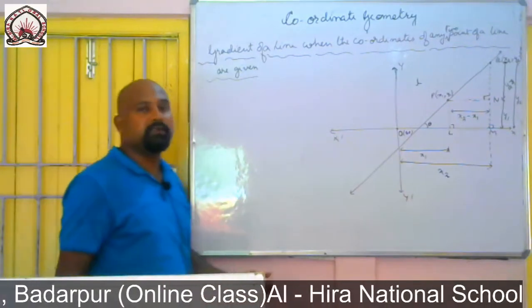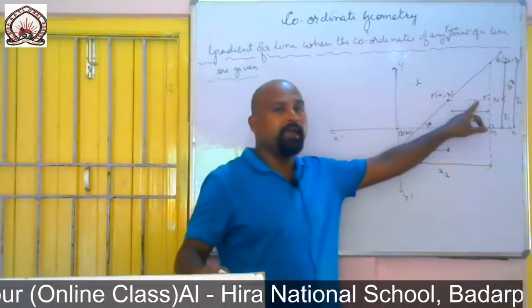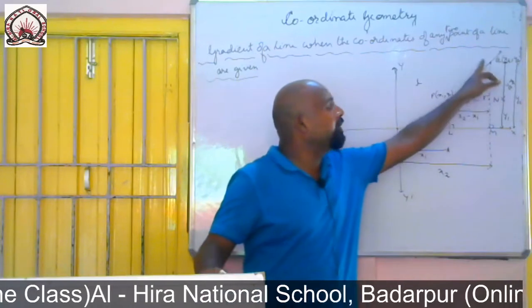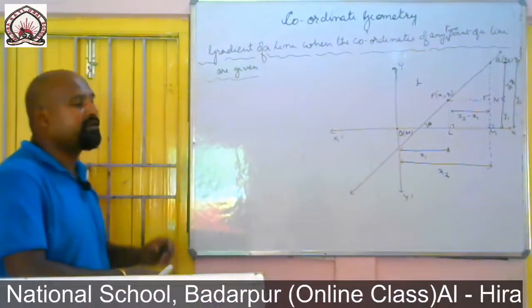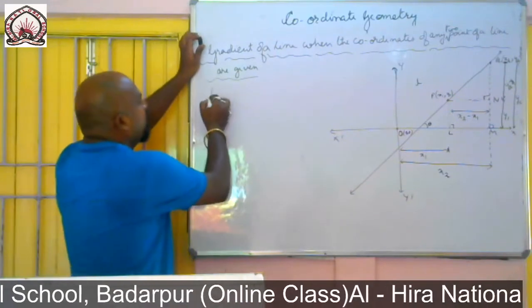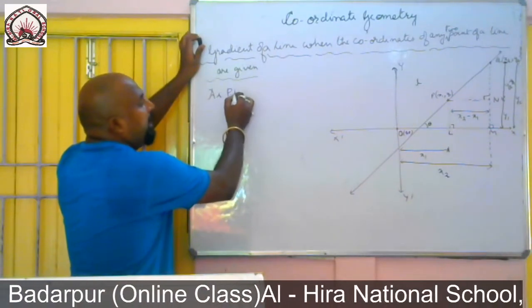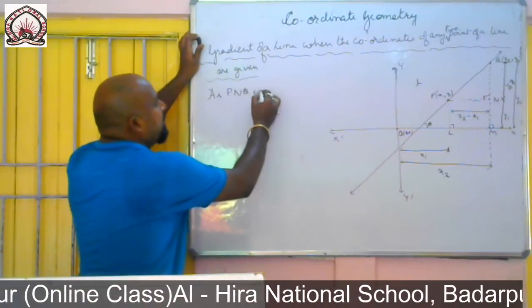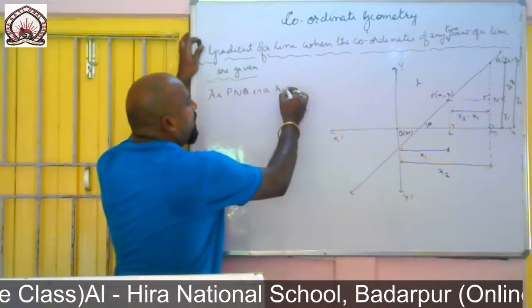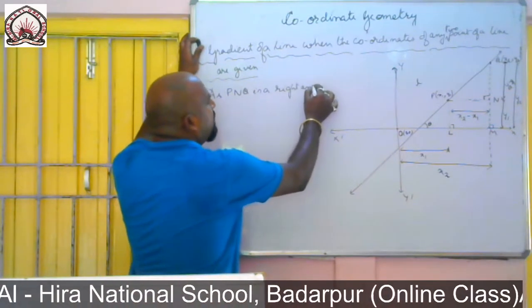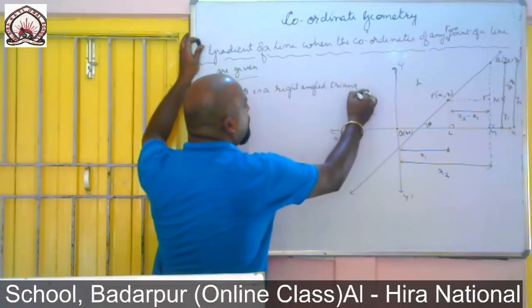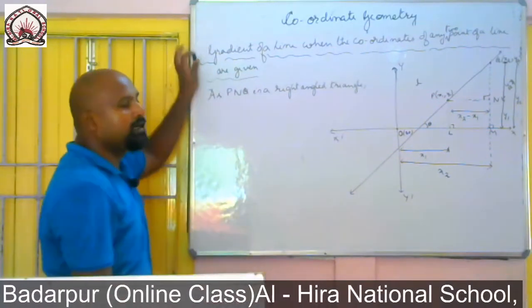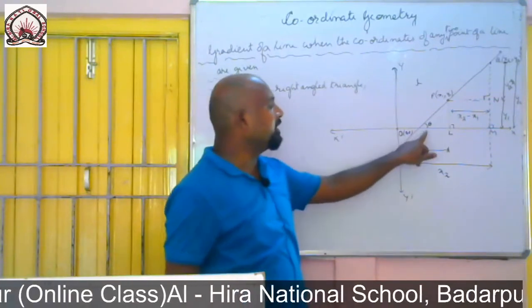Now consider, see here, P and Q. What type of triangle is this? This is a right angle triangle. PNQ is a right angled triangle. Now see, this angle is theta.